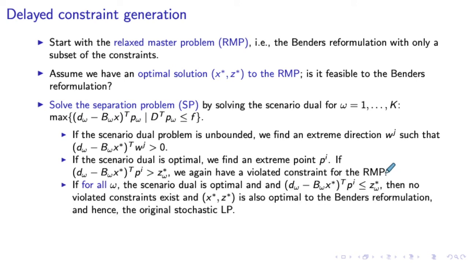And finally, if for all omega the scenario dual is optimal and the optimal solution satisfies this constraint, then no violated constraints exist and our solution to the relaxed master problem is indeed optimal to the Bender's reformulation, meaning that it is optimal to the original stochastic linear program.